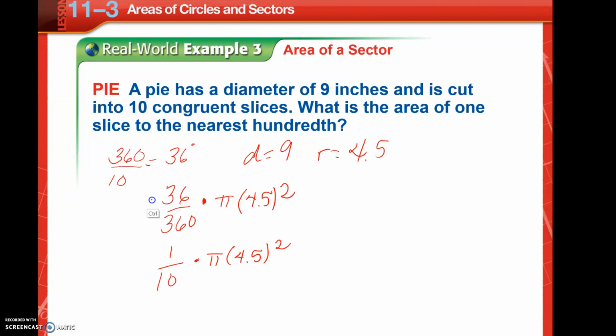This is the same thing. Just wanted to show you that, like with the angle, and then also show you with the fraction. Then you should get 6.36 inches squared for that one section of pie.